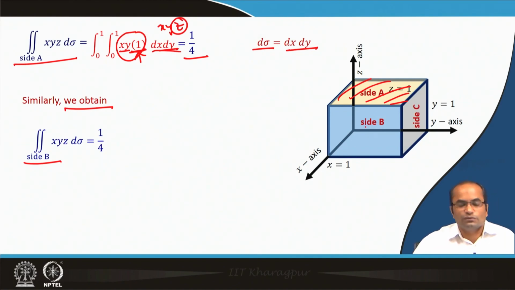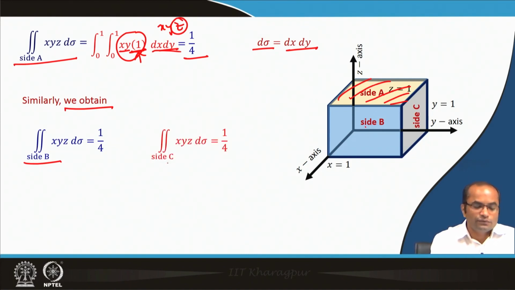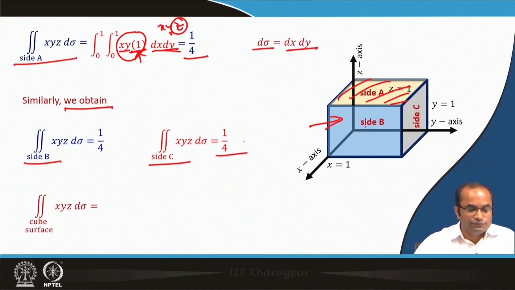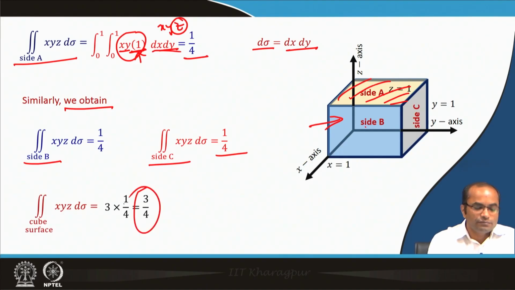We integrate 0 to 1, 0 to 1, and we will get 1 by 4. Similarly, side C will be projected on the x z plane, and we get the same value. If we add the 3, we will get 3 by 4.